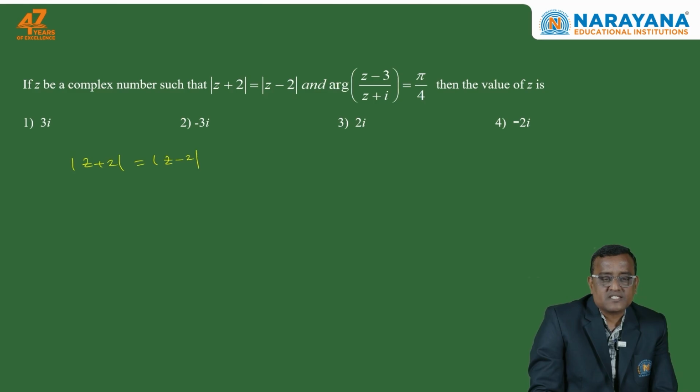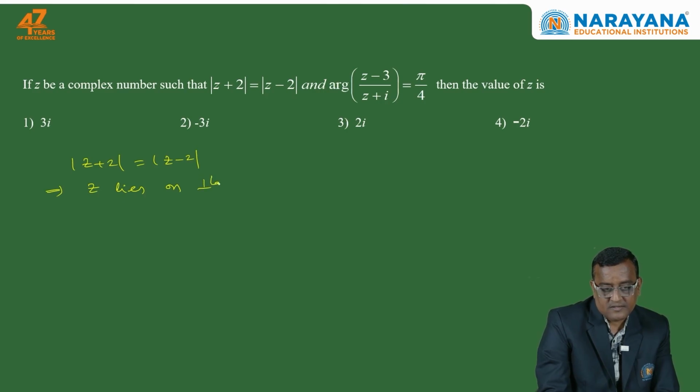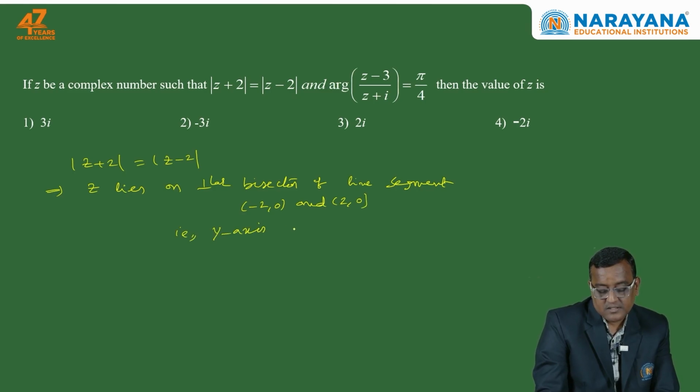It is very clear that z lies on the perpendicular bisector of the line joining minus 2 comma 0 and 2 comma 0. That is nothing but the y-axis. Its equation is x is equal to 0.